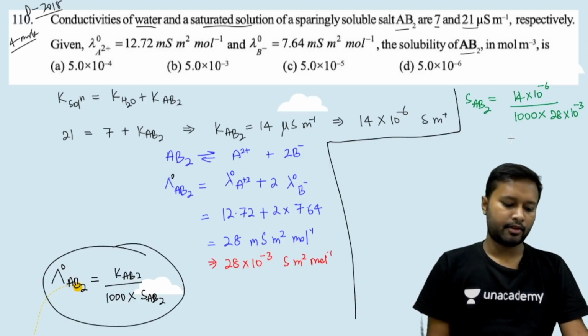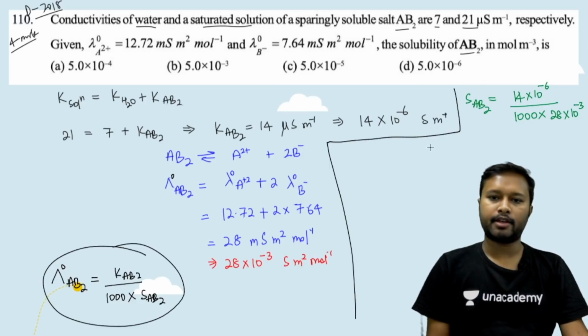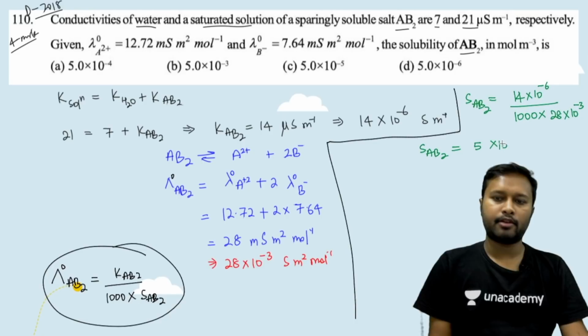If you solve this all, you are going to get solubility of AB2 as 5 into 10 to the power minus 4, and this will be in moles per meter cube.